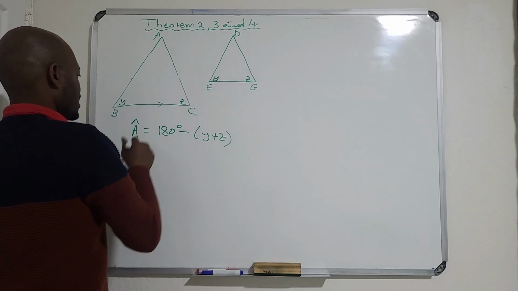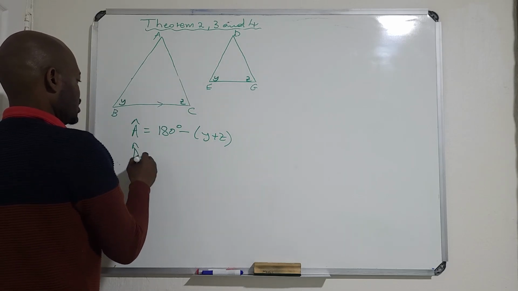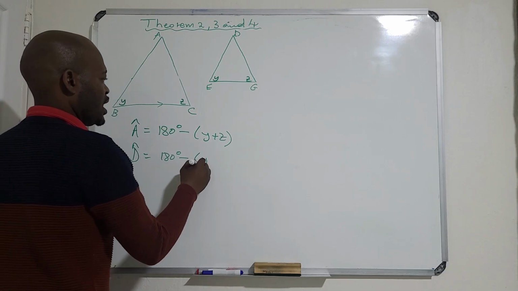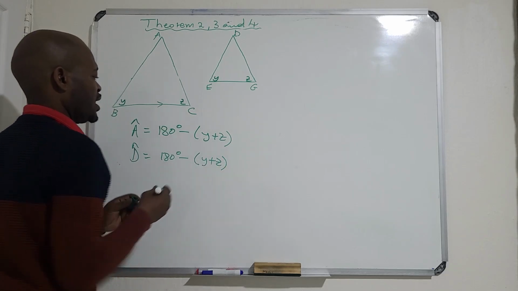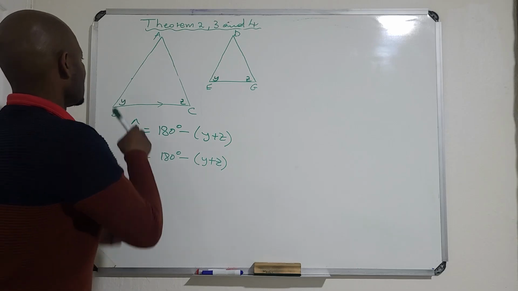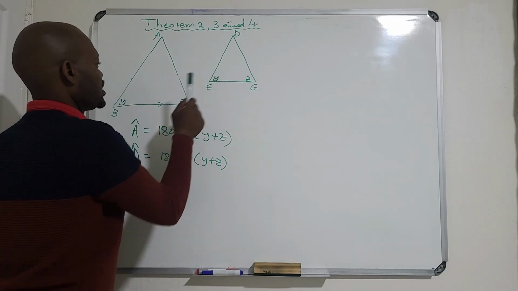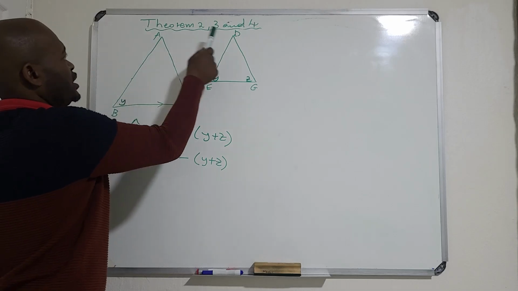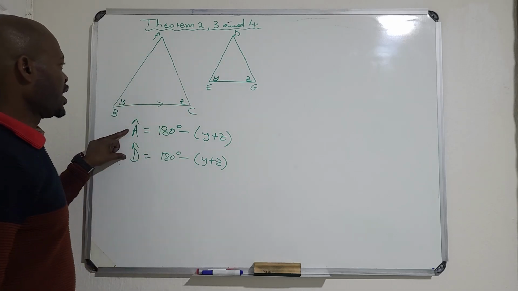Even angle D, let's see, angle D is also equal to 180 minus (y plus z). Therefore, it means that this angle is equal to this angle is equal to that angle. You can see angle A is equal to angle D here.